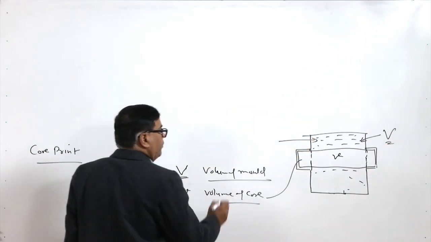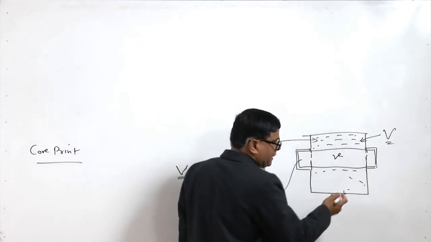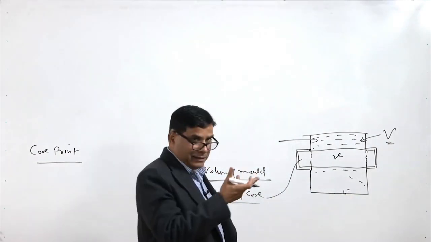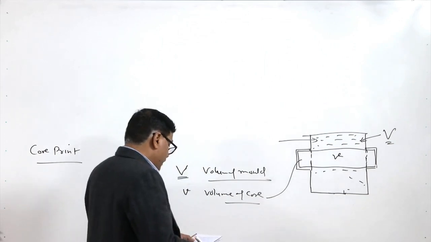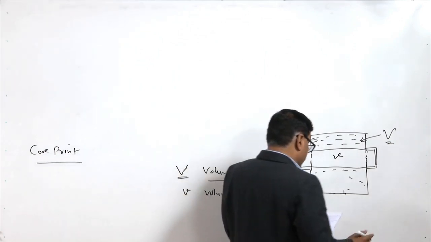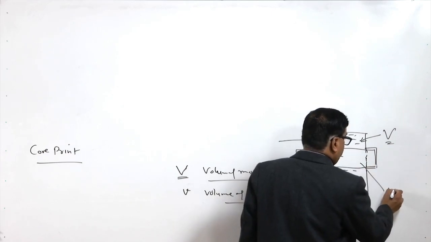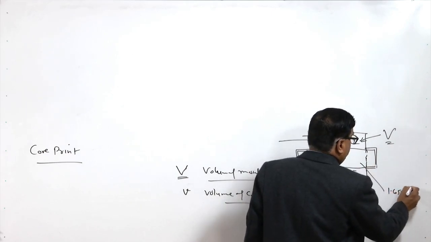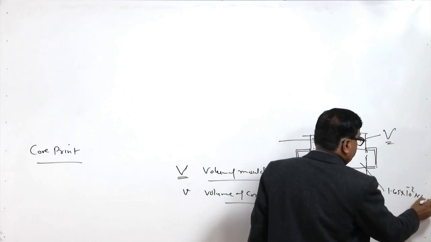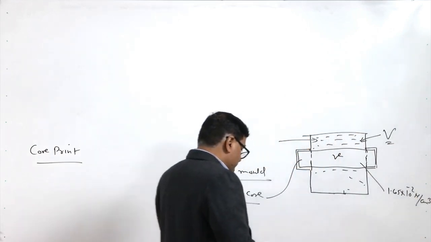So, the buoyancy force arises if the molten metal density is higher than the density of the core, which is normally low. The density of the core is normally considered like 1.65 10 to the power minus 2 Newton per centimeter cube. This is the typical value.